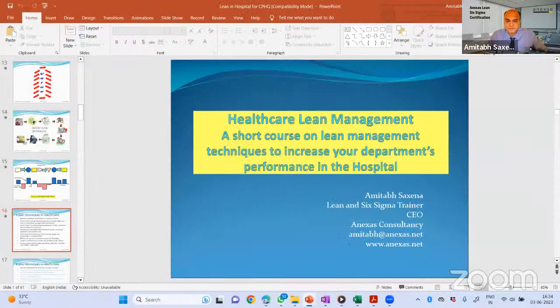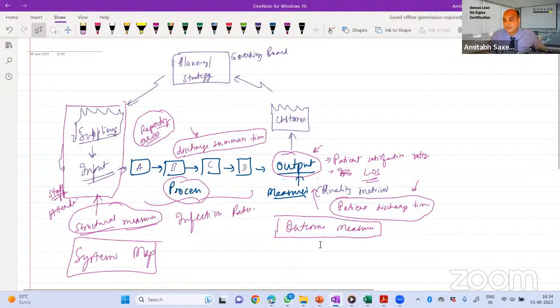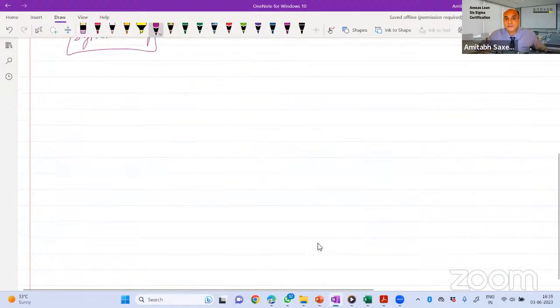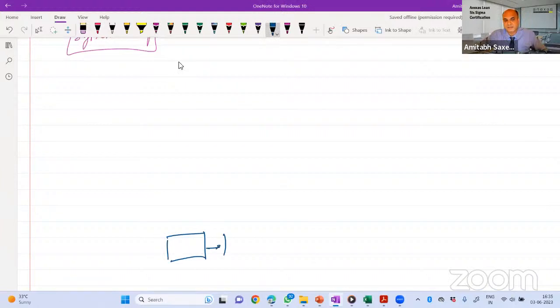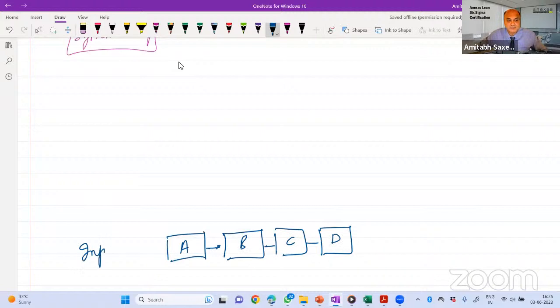Just to give you a little bit of idea how a typical system looks like, and you can try to fit this into your organization. Think of your own organization. Typically, how an organizational system looks like: you have got a set of processes, departments A, B, C, D. They are taking some inputs and producing an output.